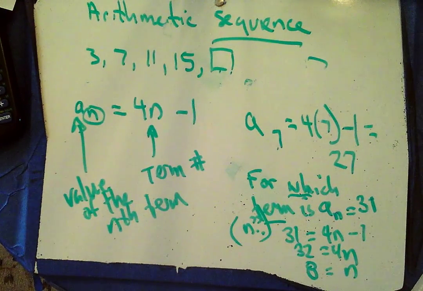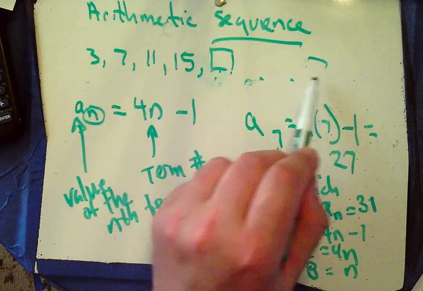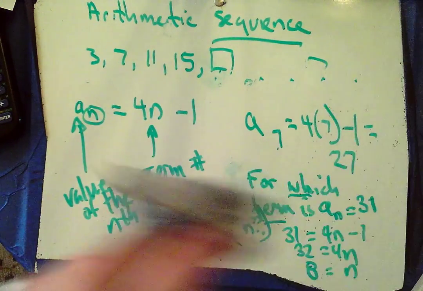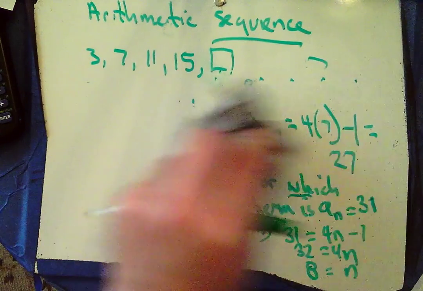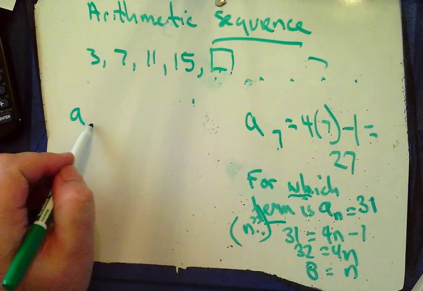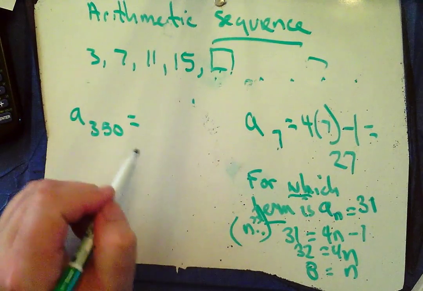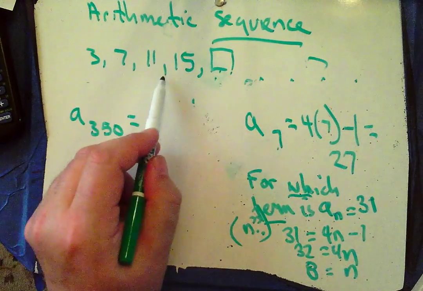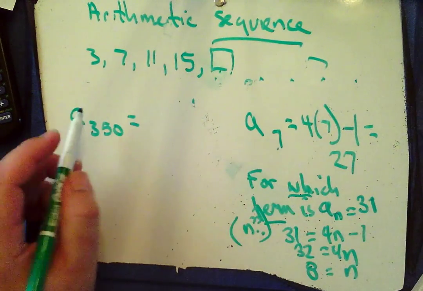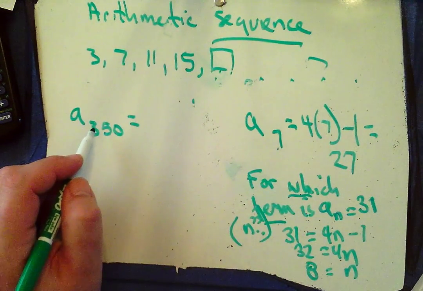Now, some students who don't want to be bothered by actually thinking, they just want to say, oh, you want to know the value of the eighth term? Well, they'll keep adding 4 and 4 and 4 and 4. But if I say, hey, what's a sub 350? Well, I'd have to add 4 a whole lot of times to get to the 350th term.